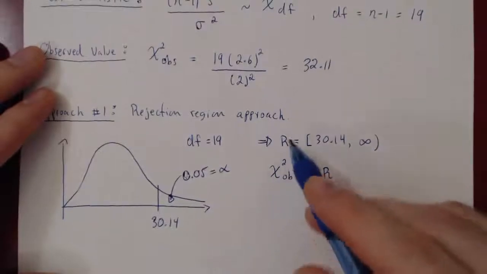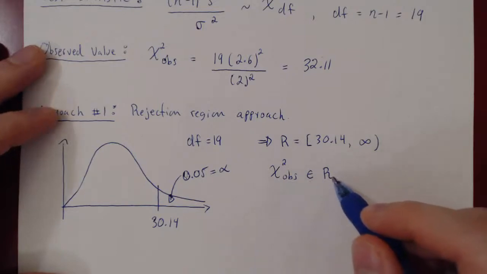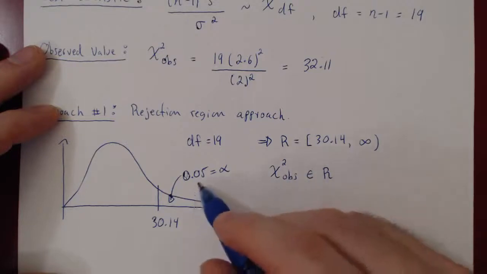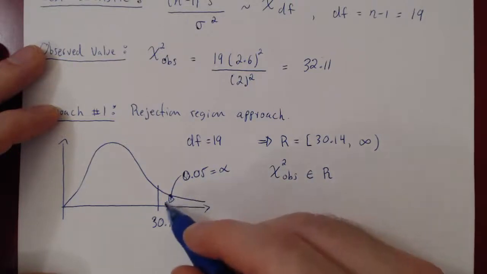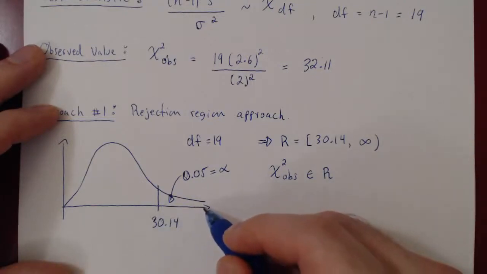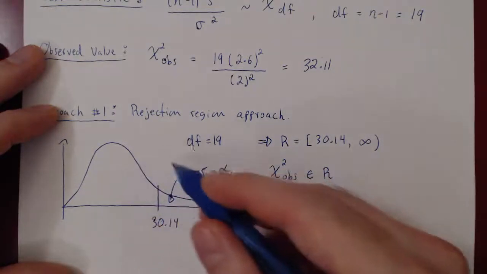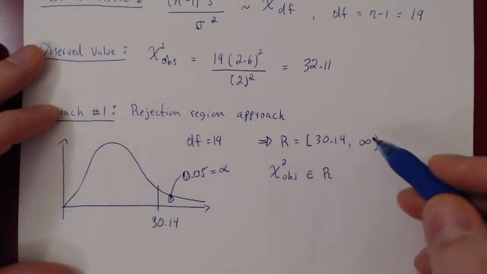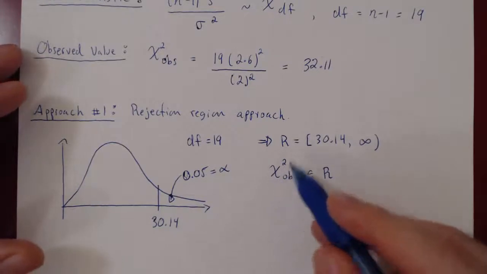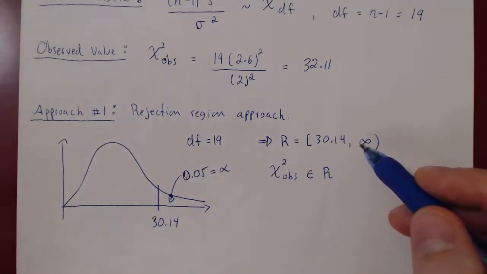Because our observed chi-squared value is in the rejection region, the probability of this happening is less than 5%, because this region contains the larger 5% of chi-squared values. The odds that a randomly taken chi-squared value falls inside this interval, to be an element of R, are around 5%. And this is what we have observed: a chi-squared value inside this interval. So this is a really unlikely event.